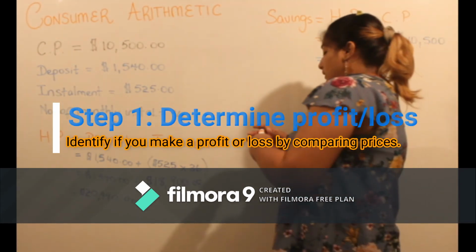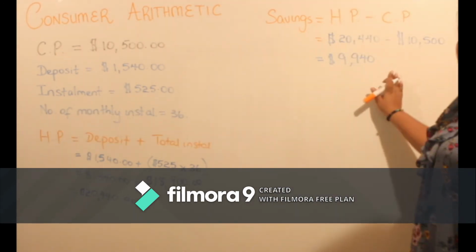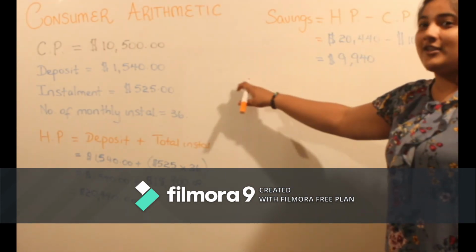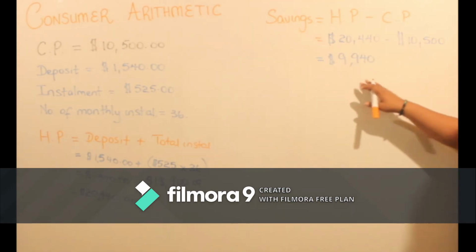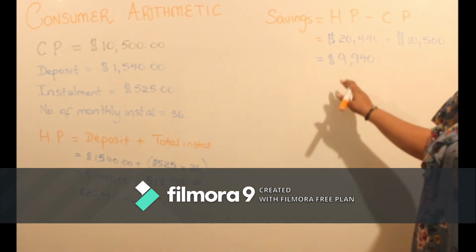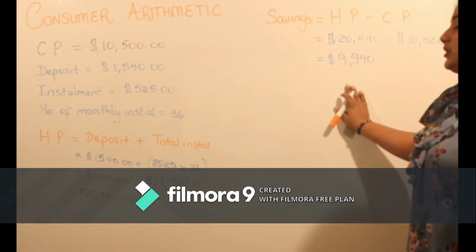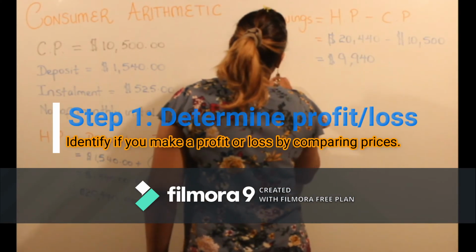So let's get to working out our percentage profit. We know for a fact we have profit because the hire purchase price is clearly much larger than the cash price, and we see the difference clearly from the savings. So let's move on to the percentage profit.